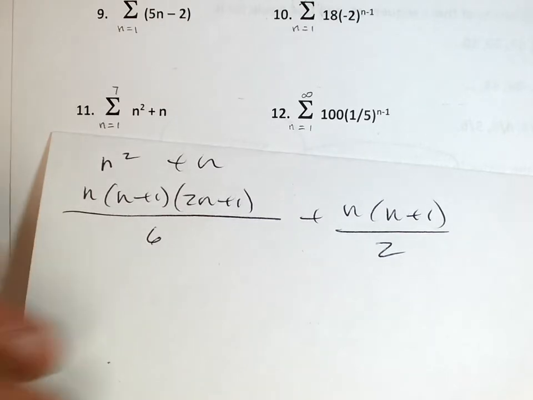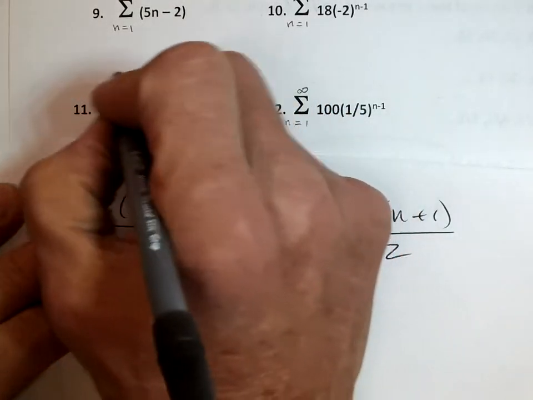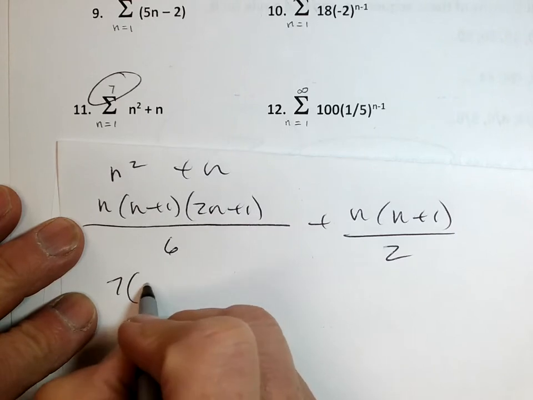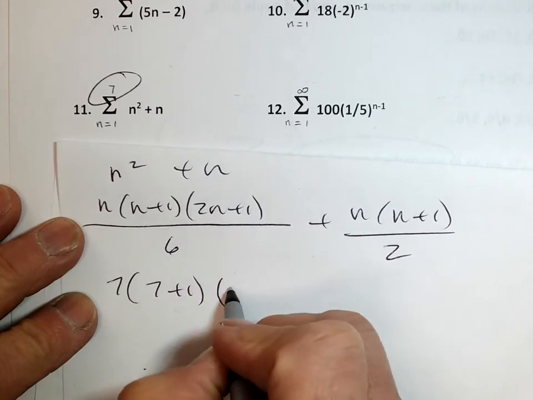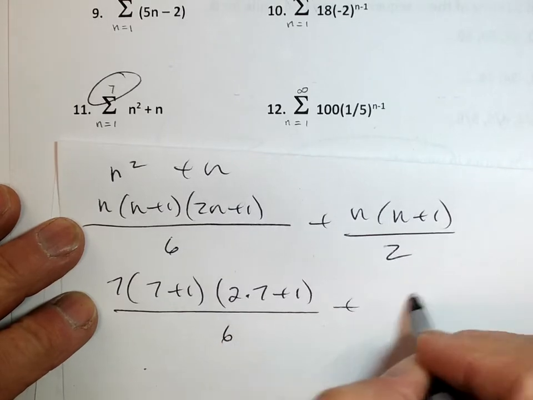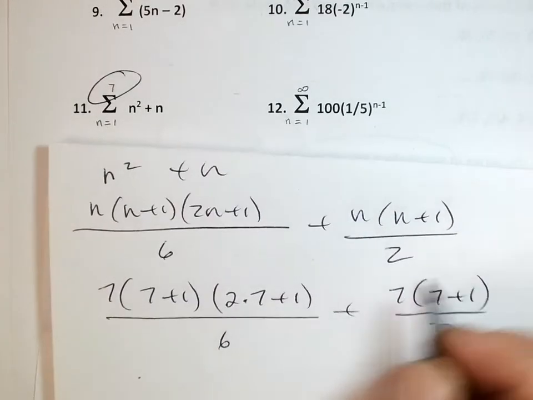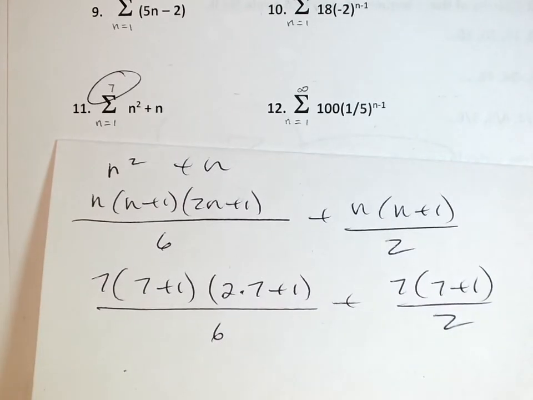So I'm going to plug in 7. So n is equal to 7. So I'm going to go 7 times 7 plus 1 times 2 times 7 plus 1 divided by 6, plus 7 times 7 plus 1 divided by 2. Okay, calculator time. 7 times 8 times 15 divided by 6.